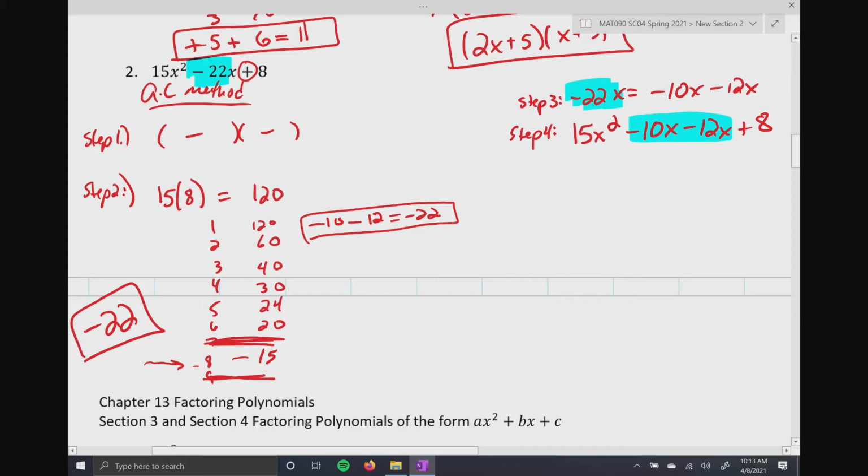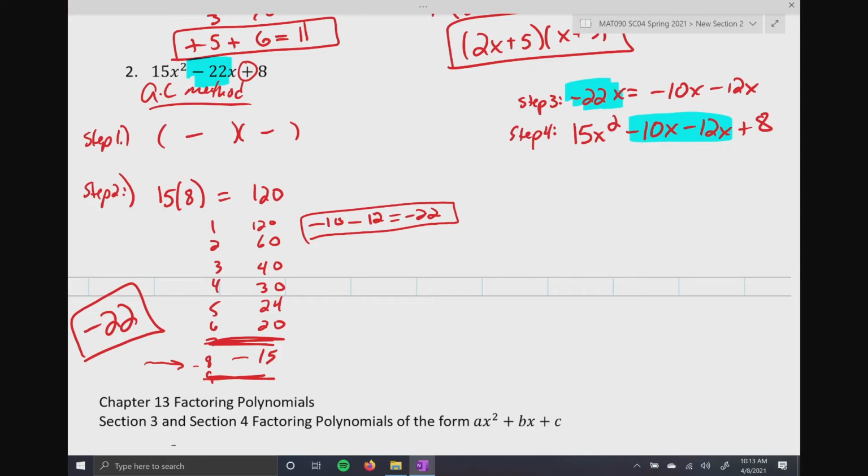And the reason why we do that is so we can factor by grouping. Okay? So if somebody asked you, if you went to the grocery store and they were like, hey, why do you use the AC method? Your answer will be, so you can rewrite the middle term as two terms and then factor by grouping. That's all it does for us.